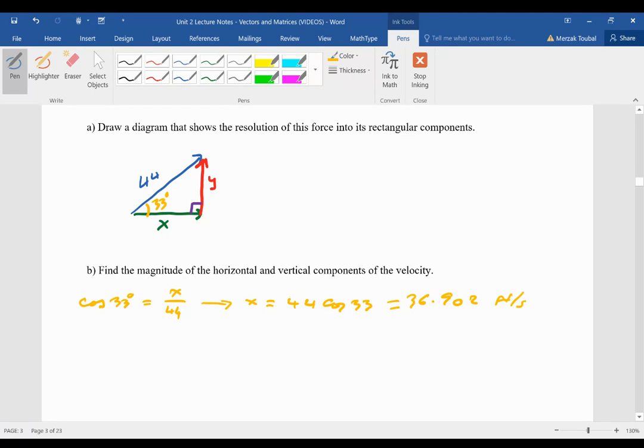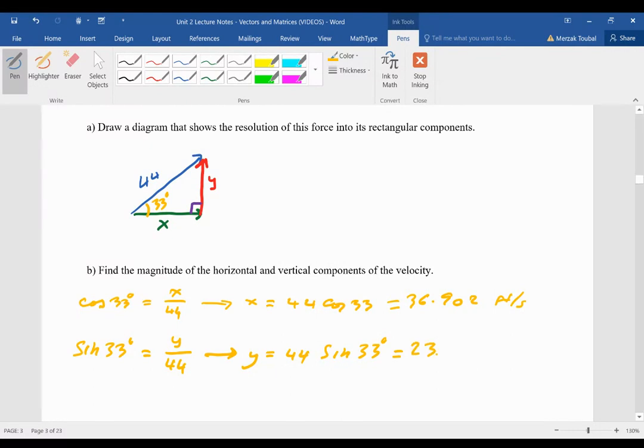Now we have velocity. Sine 33 degrees is the opposite, which is y, divided by the hypotenuse, which is 44. That means y equals 44 times sine 33 degrees. Same thing, so 44 sine 33.